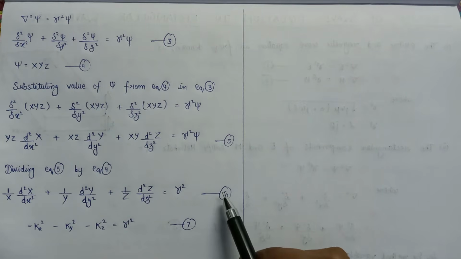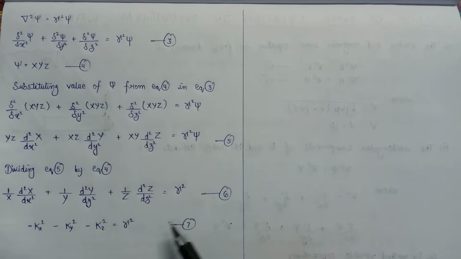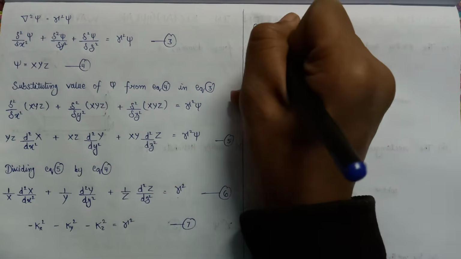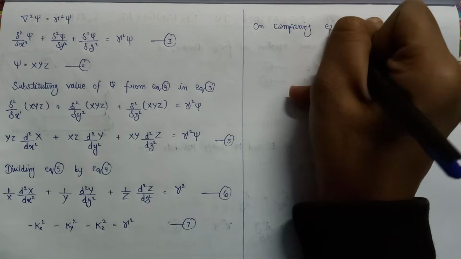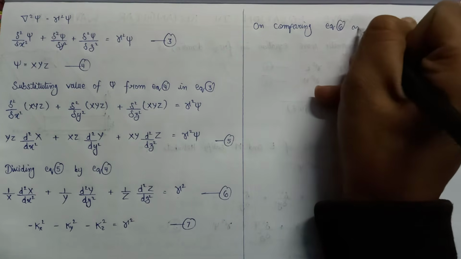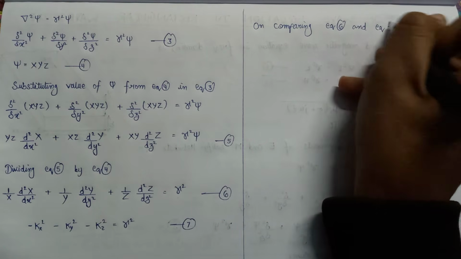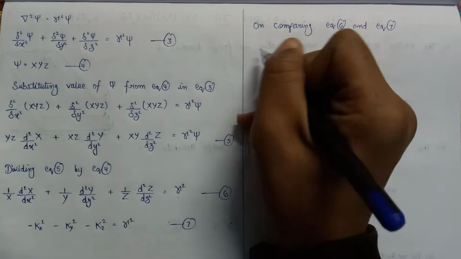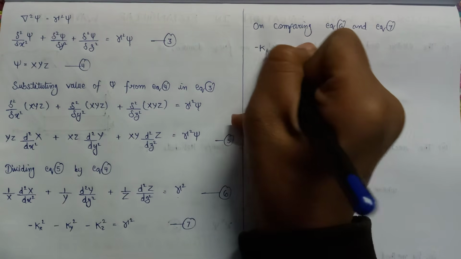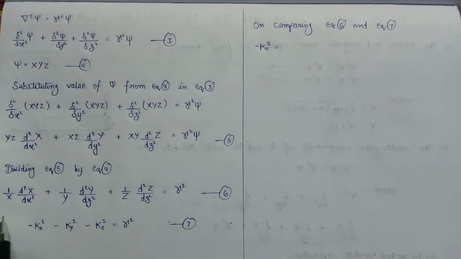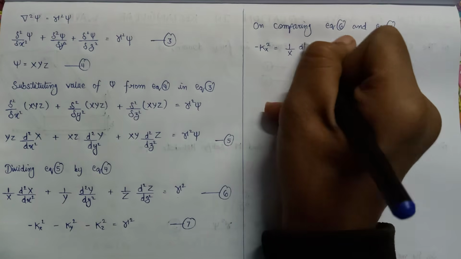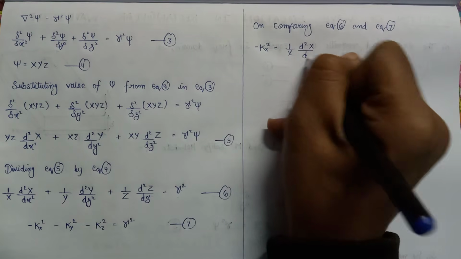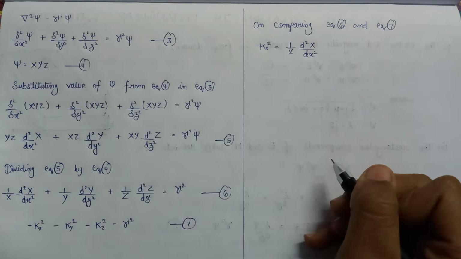Now if we compare equation number 6 and equation number 7, we get the value of these three constants separately. On comparing equation number 6 and equation number 7, we get minus kx square equal to this first term, so 1 over X d2 capital X over dx square.